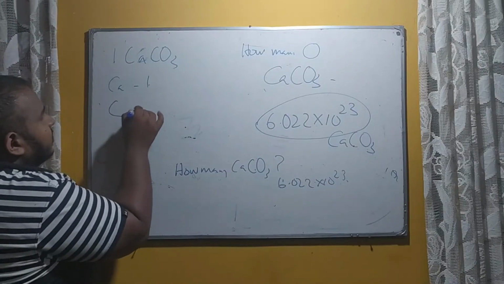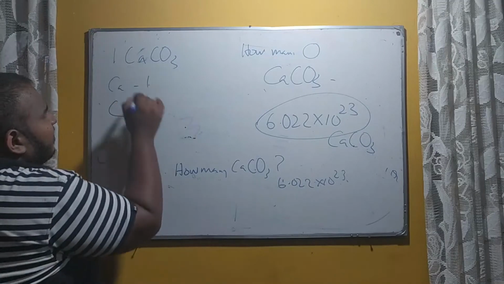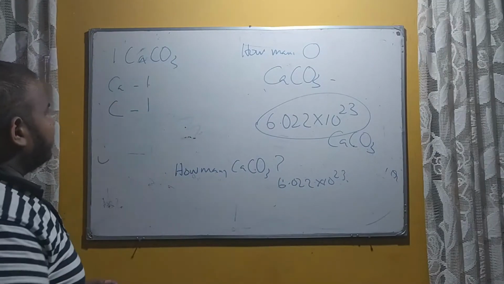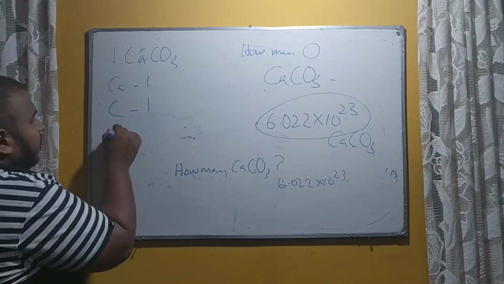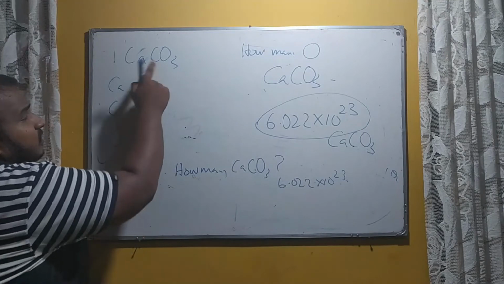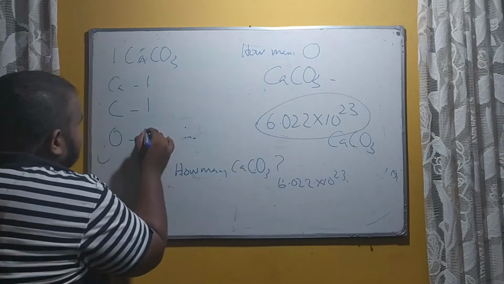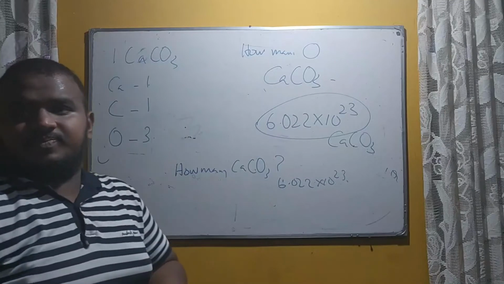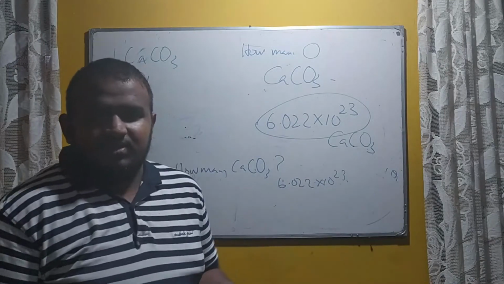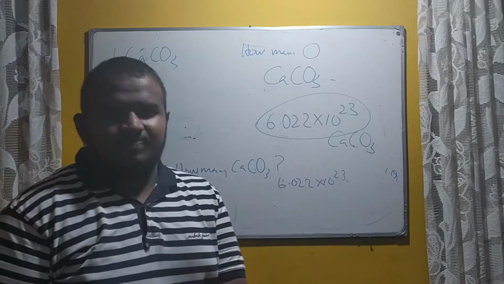How many carbons are present? There is one carbon. The third one, how many oxygens are present? In one calcium carbonate, there are 3 oxygens.